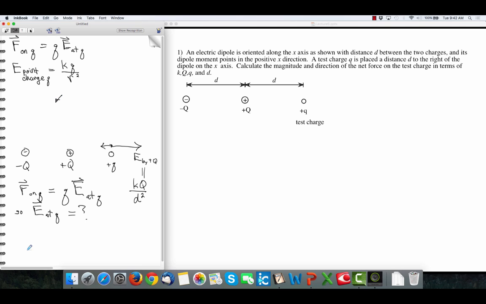If you're down here, it's toward the negative charge, E by negative Q. Wherever you are in space around here, there's an electric field that points toward that negative charge. If you get closer to it, then that electric field will get bigger. And if you get farther from it, then that electric field will get smaller. But they'll always point toward negative Q.